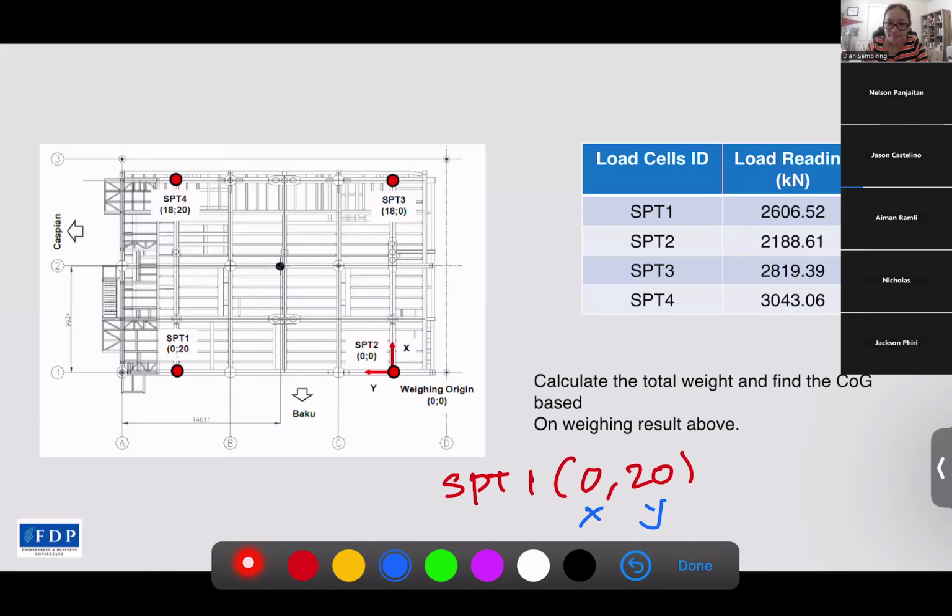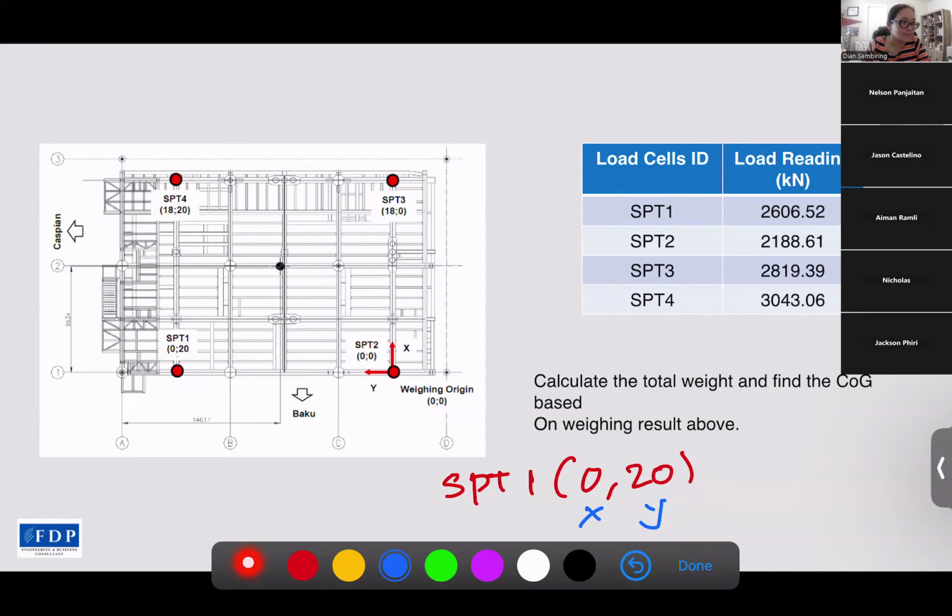I've got one question. Let's say the cargo is a column or reactor. If we want to know the COG, we must do the weighing first?